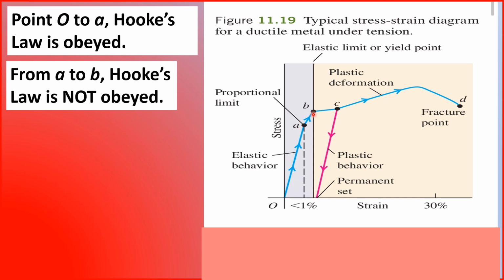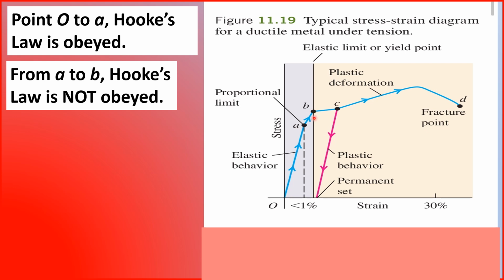So we say that Hooke's law is no longer followed or obeyed. And point B here is referred to as the elastic limit, or we call it the yield point. That is point B. Now, what's significant about this elastic limit or yield point?